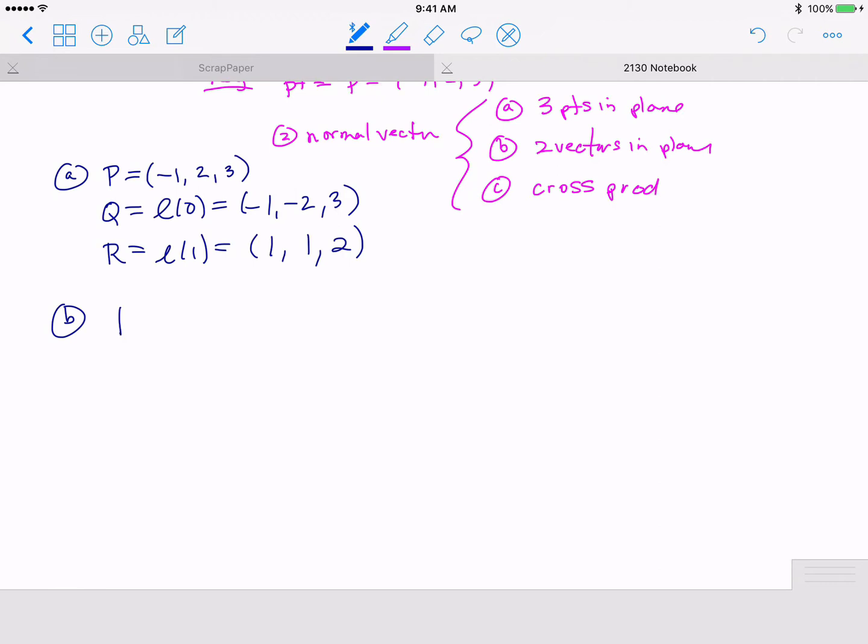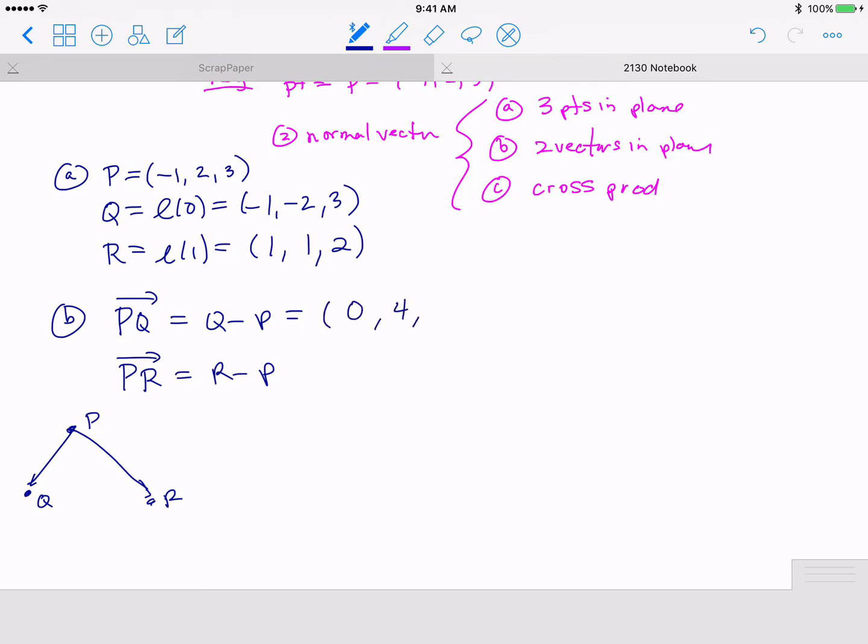So if we have the 3 points, then let's construct the vectors PQ and PR. Okay. So if we have the points P, Q, and R, we need to construct 2 vectors starting at P, so that would be Q minus P and R minus P. Q minus P turns out to be (0, -4, 0).